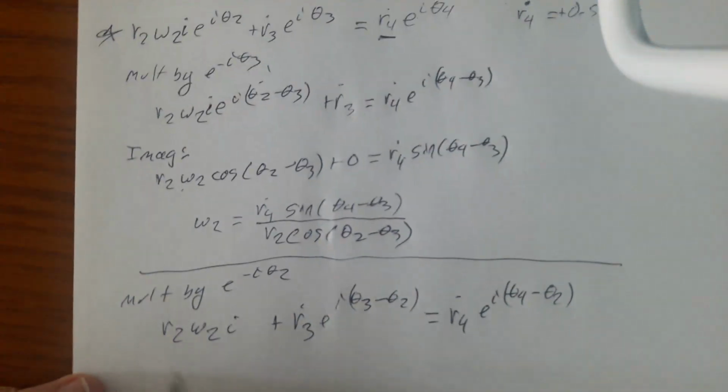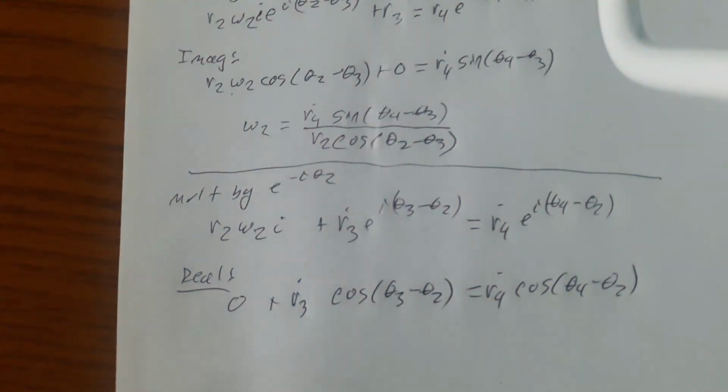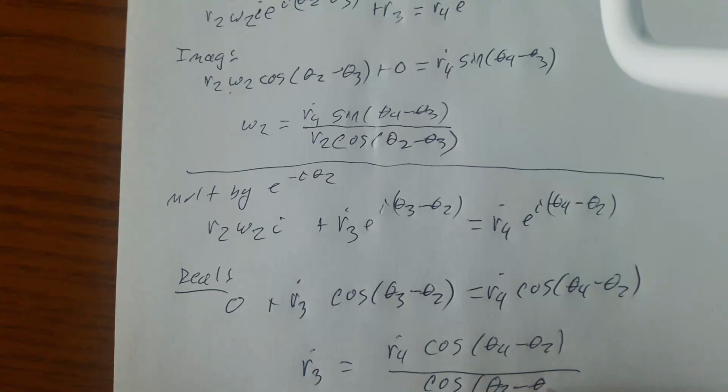Anyway, I then can take the real part, and that'll give me 0 plus R3 dot cosine (theta 3 minus theta 2) equal to R4 dot cosine (theta 4 minus theta 2). And I can solve that in turn for R3 dot, as R3 dot is equal to R4 dot cosine (theta 4 minus theta 2), divided by cosine (theta 3 minus theta 2).